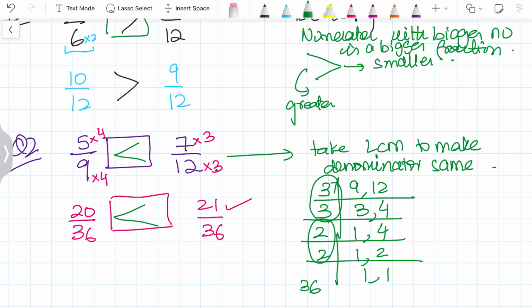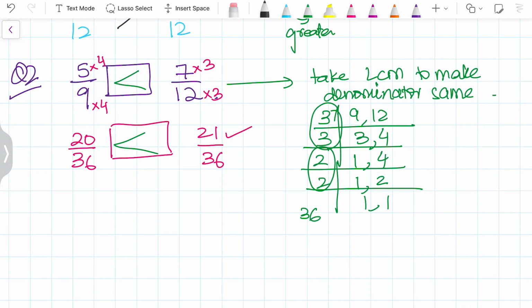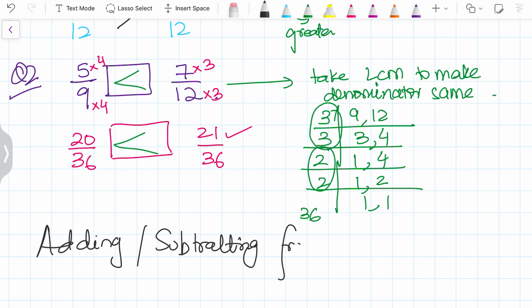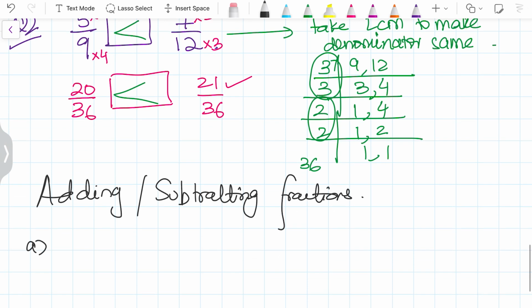Alright, let's move on to the next concept in fractions, which is adding and subtracting fractions. How do we add and how do we subtract fractions? Alright, 1 upon 2 plus 3 upon 4.